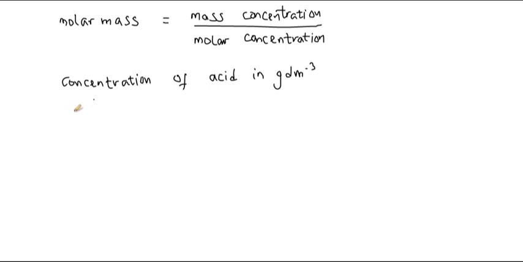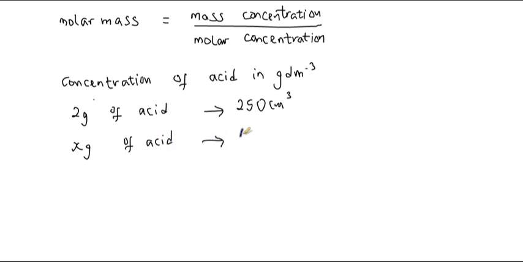According to the question, we have 2 grams of the monobasic acid present in 250 cm³. So how many will be present in 1000 cm³? That is, what mass of the acid will be present in 1 dm³? So we say x grams of the acid is present in 1000 cm³.